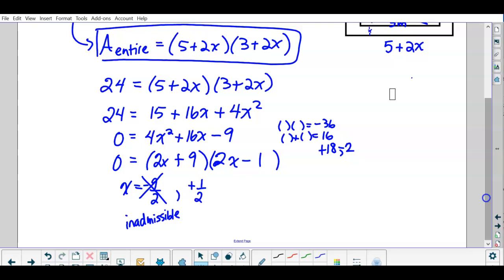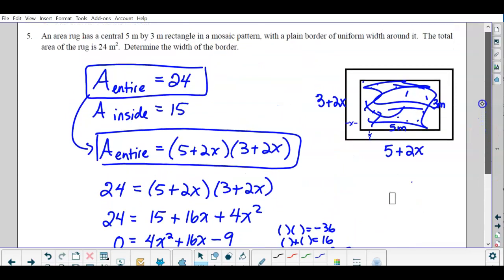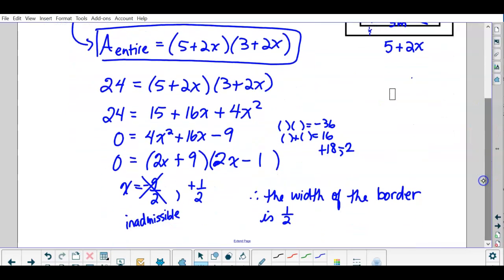So the width of the border would be 1/2, and then you have a statement answer, therefore the width of the border, not the width of the rug or carpet, the width of the border is 1/2, and the units here are meters. Okay, or 0.5 meters.